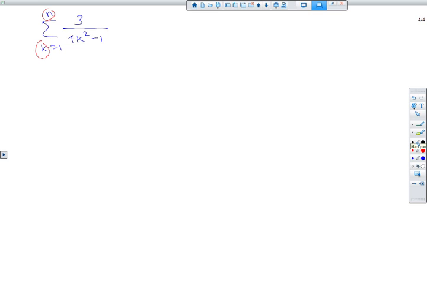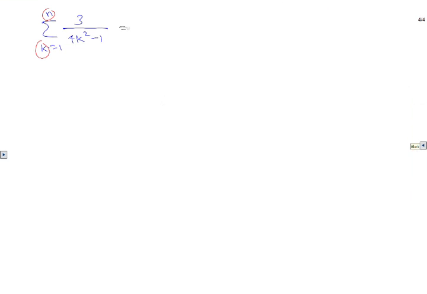I'm going to start plugging in the number 1, but we know that each term has that special format. So if you plug in 1, you're going to get 3/2 over 1 minus 3/2 over 3. That's the first term, plus the second term, 3/2 over 3 minus 3/2 over 5.